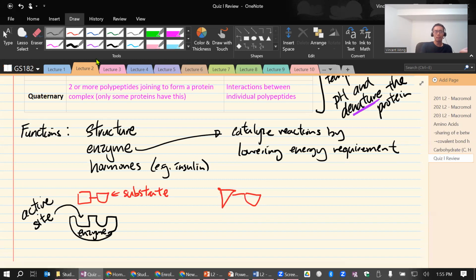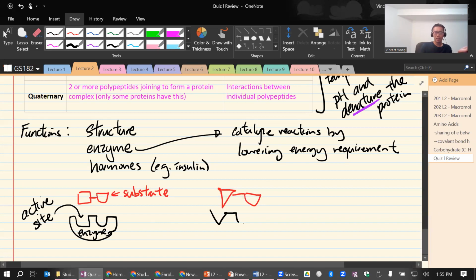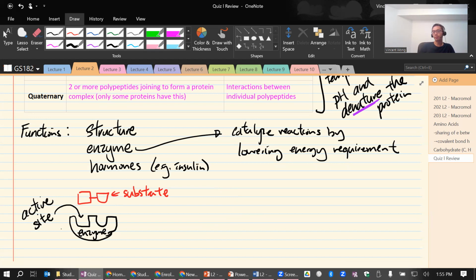So this would need another enzyme. So one enzyme typically only works on one substrate. And then it will carry out the reaction, break the bond, split out the product.